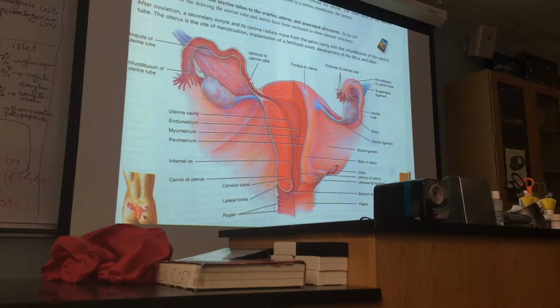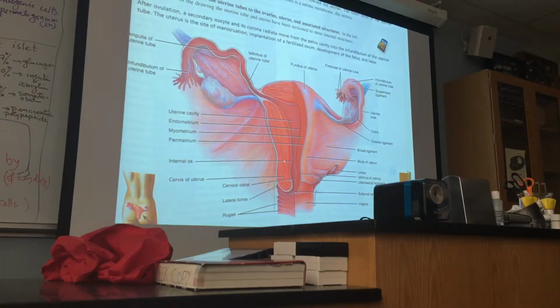This is called isthmus of the uterine tube or the fallopian tube or the oviduct. This is uterine cavity. Uterus has 3 layers. Since uterus is present inside the body cavity, it has to be covered by serosa, and the serosa is the perimetrium, the outer perimetrium.